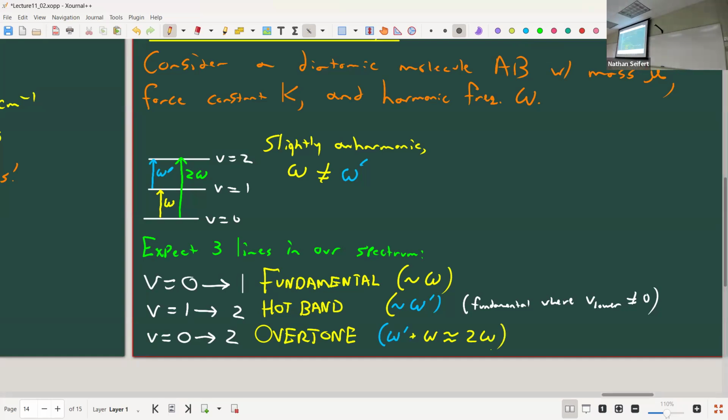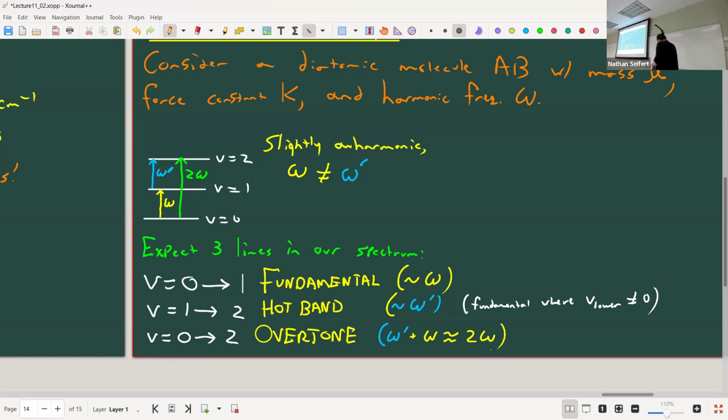These are very common transitions. There's basically one other type of transition which we can't do yet, called a combination band. We don't have things to combine yet. But these are the 3 prominent vibrational transitions: a fundamental, a hot band, and an overtone. You may see these terms in vibrational spectroscopy, infrared spectroscopy. That's what they mean. An overtone is something that jumps multiple levels.